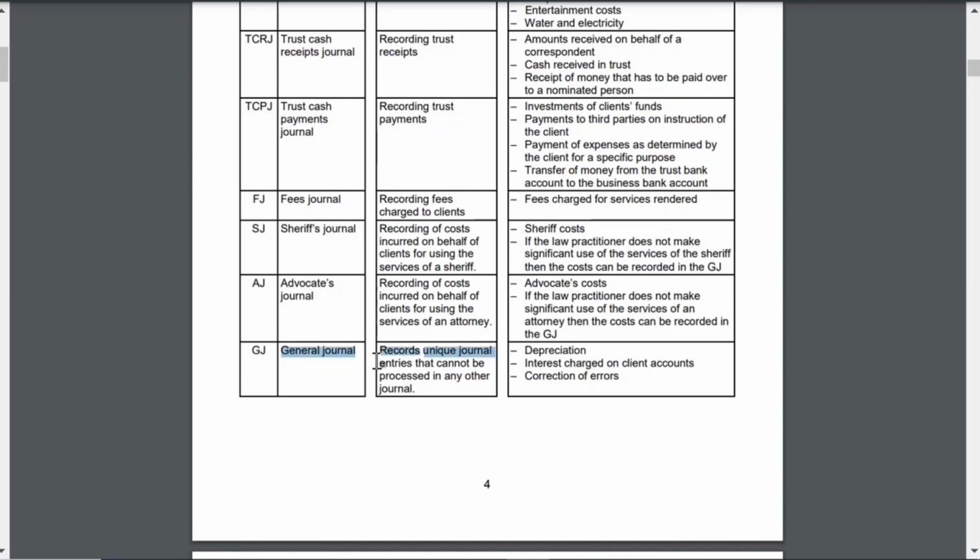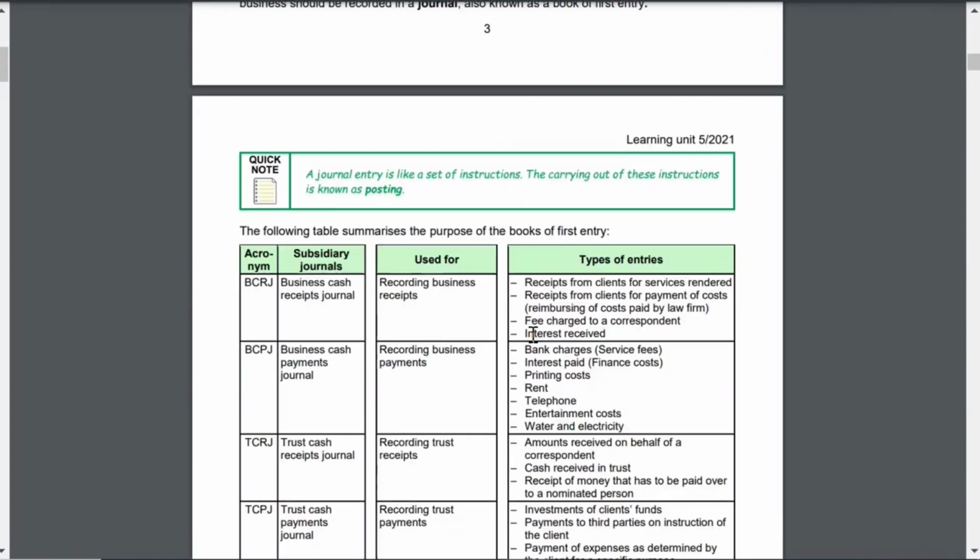They will be recorded in your general journal. For example, depreciation, interest charged on client accounts, and correction of errors. Those you will record in your general journal.